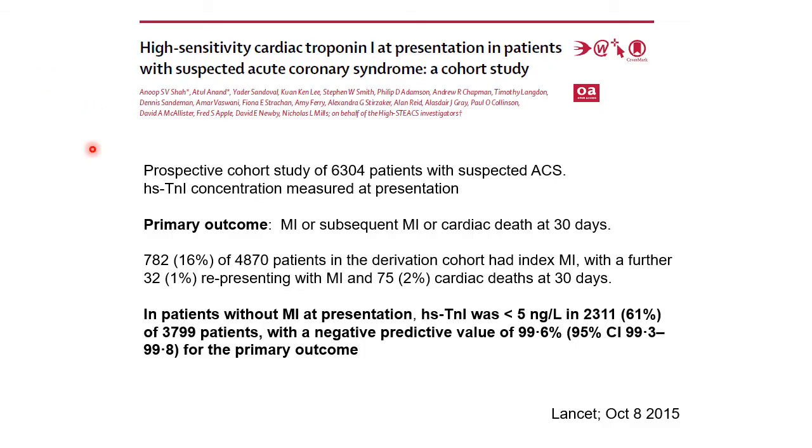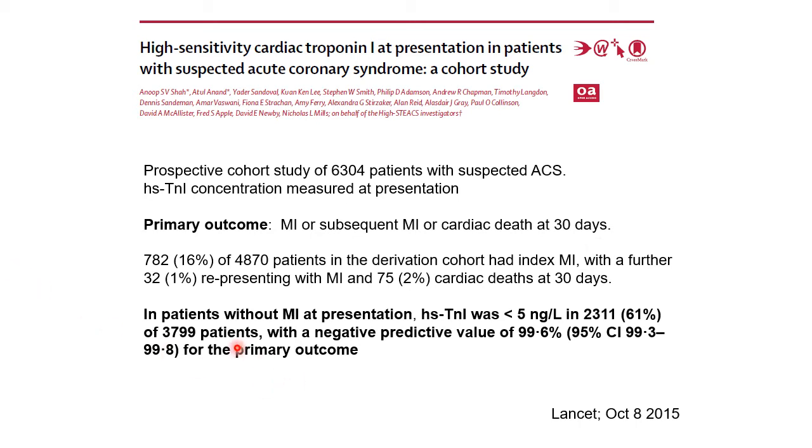And there are many studies of this type, but this is one example, a cohort study, a prospective study of over 6,000 patients with suspected acute coronary syndrome, in whom high sensitivity troponin I using the Abbott assay was measured at presentation. And the outcome of interest was MI or subsequent MI or cardiac death out to 30 days.